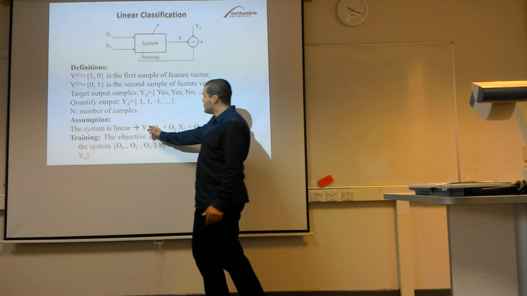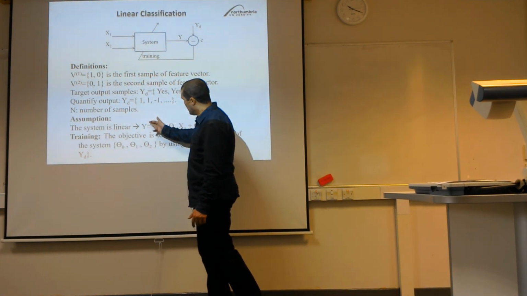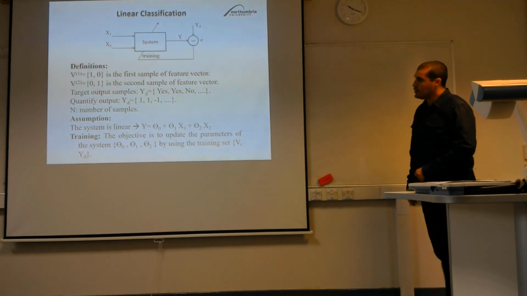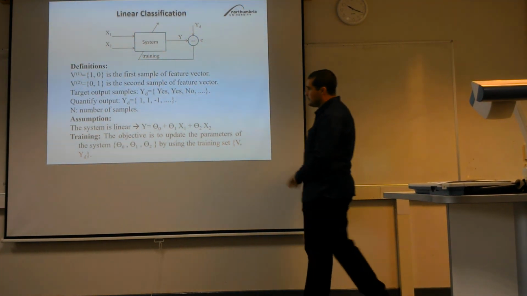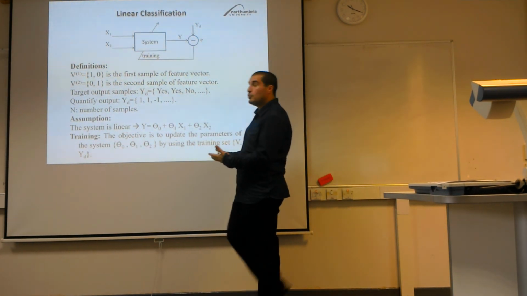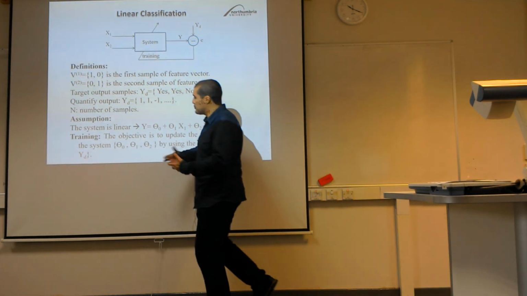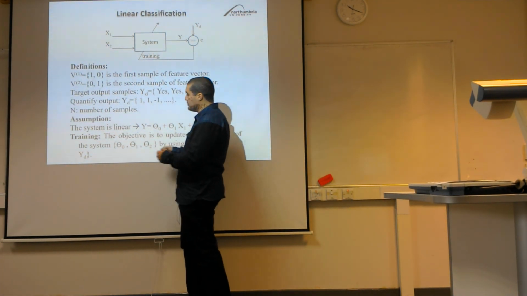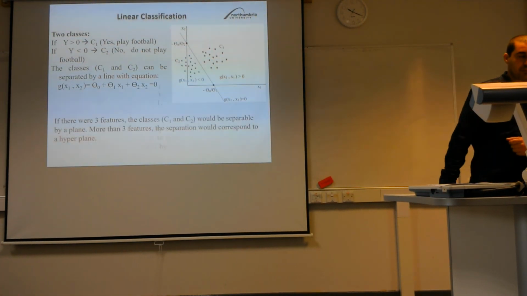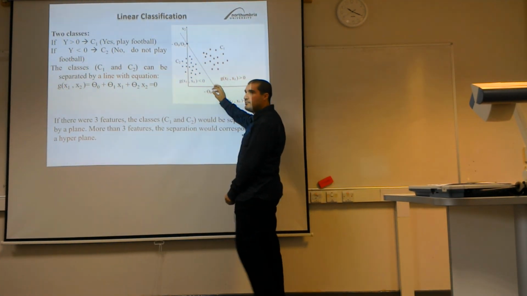So the relationship between input samples and the output of the system is linear. The objective is to update the parameters of the system. So obviously, as we feed the system with new samples, we update these parameters in order to classify, or to learn from the training samples. So this is the meaning of linear classification.